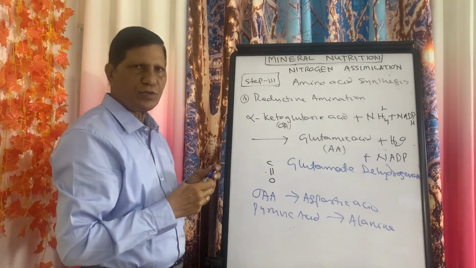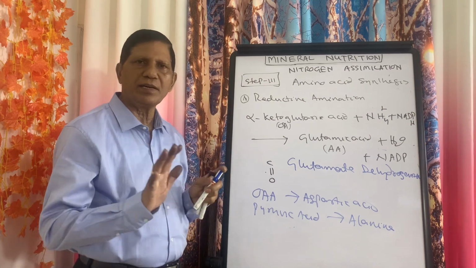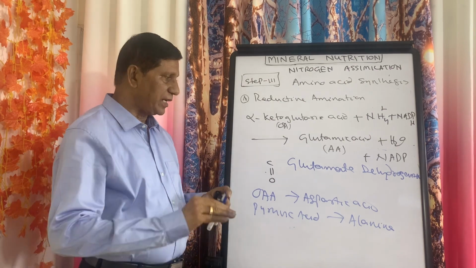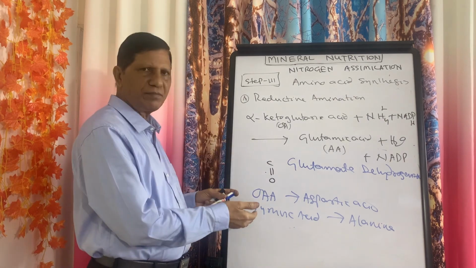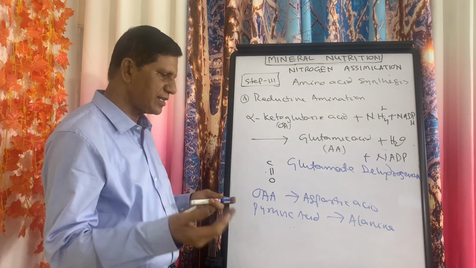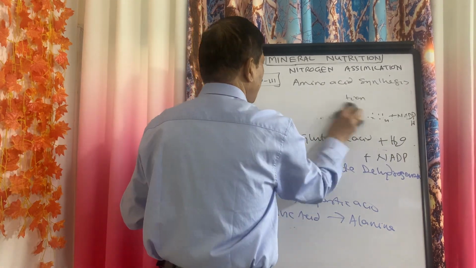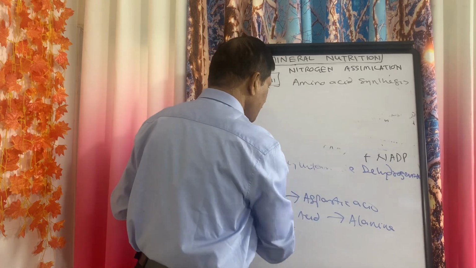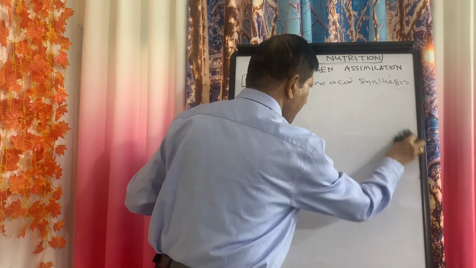Maximum these three amino acids can be formed by reductive amination, not the remaining 17. Now the remaining 17 amino acids are formed in the next step, that is known as transamination. So the second step of this amino acid synthesis is transamination.